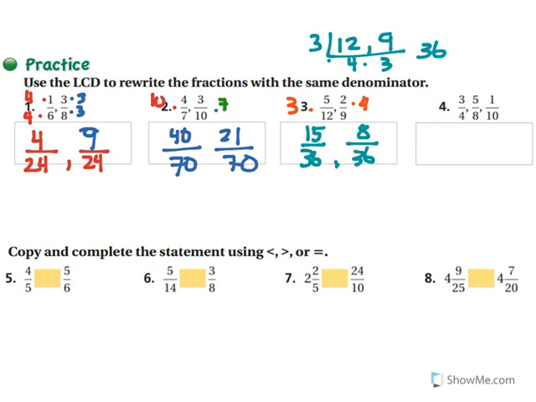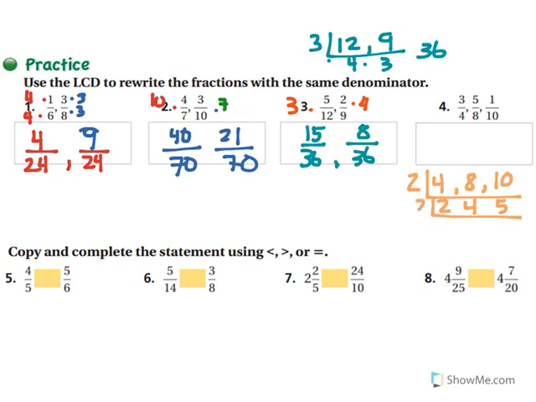Okay, now we got 3 of these. So let's go ahead and do this. We're going to look at 4, 8, and 10. I can divide these all by 2. So 4 divided by 2 is 2, 8 divided by 2 is 4, and 10 divided by 2 is 5. I'm not done yet.